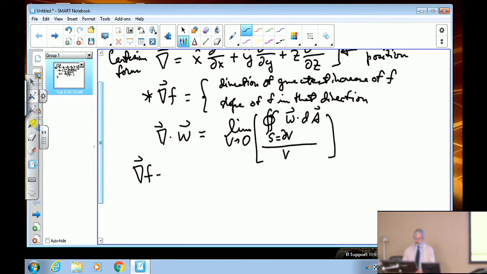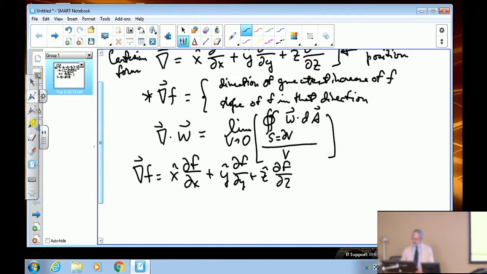The gradient of f is then the partial derivative, the slope of f in each one of these directions. And the magnitude of this gradient, which is the slope in the direction of greatest increase, is going to be the square root of the sum of the squares of the components.